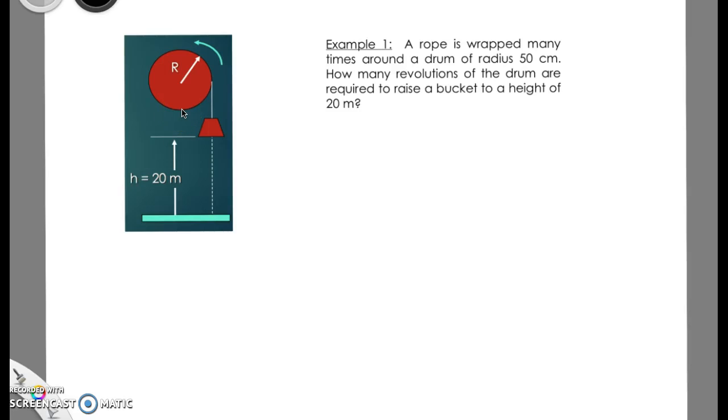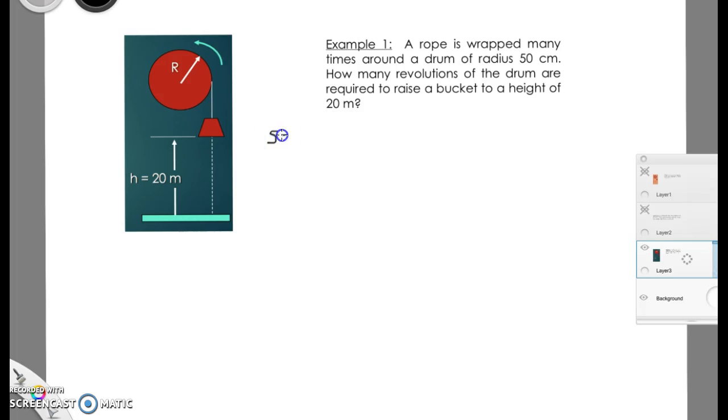All right, we're going to try some examples now with the rotation. So remember from previously, we said that the relationship between angular position and distance, or angular displacement and displacement, is S equals theta times R. The key to this whole chapter is getting the idea that you can take any angular quantity, multiply it by the radius, and get a linear quantity.